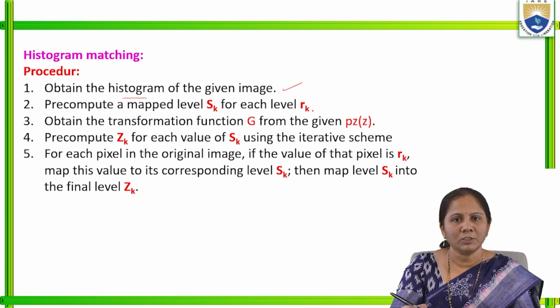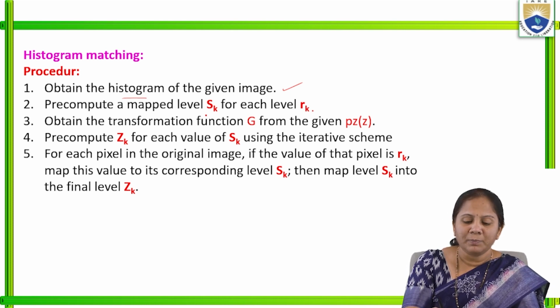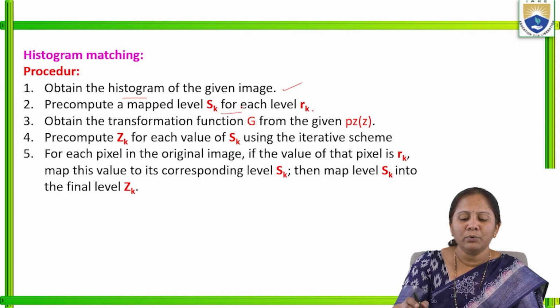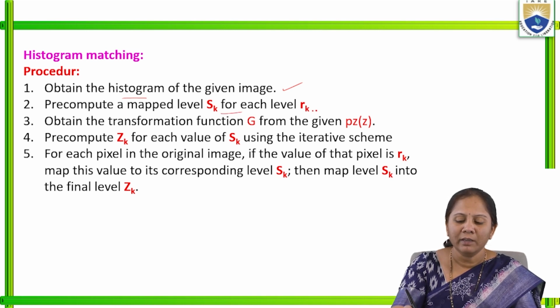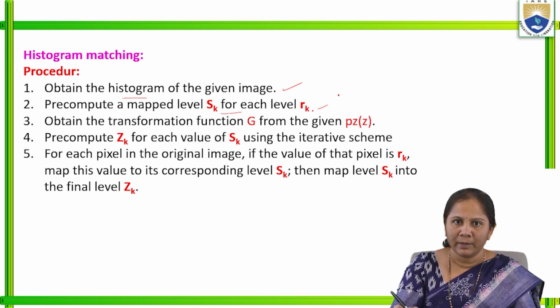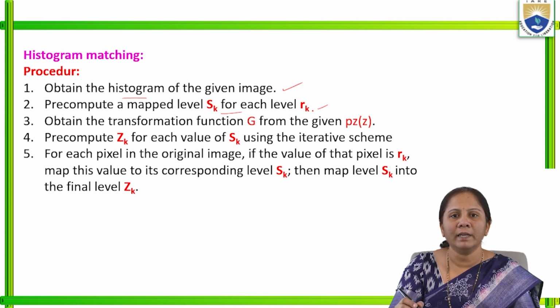Following that procedure, we first calculate the histogram equalization. The second step is to pre-compute a mapped level Sk for each level Rk. So we have to calculate the value of Sk for the given value of Rk, where Rk represents the gray level.